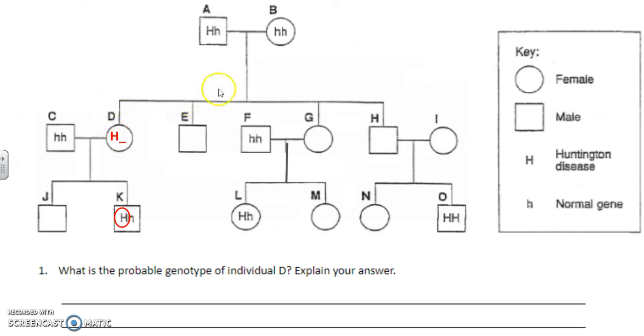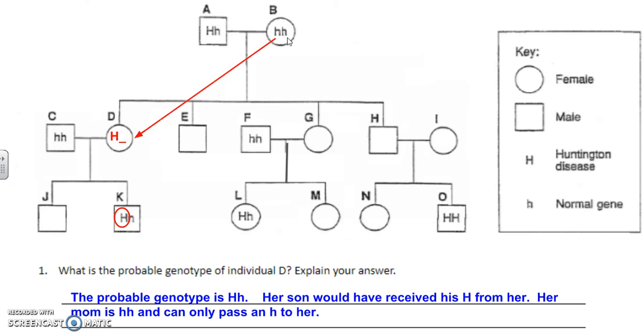Now I'm going to take a look at her parents, and I can see that her dad also had a big H. So the big H had to come from dad because mom only had a little h. So mom must have passed on a lowercase h to her. So I'm going to fill that in and then take a moment and write my explanation.